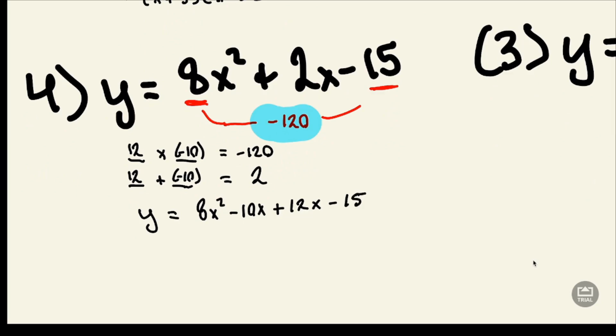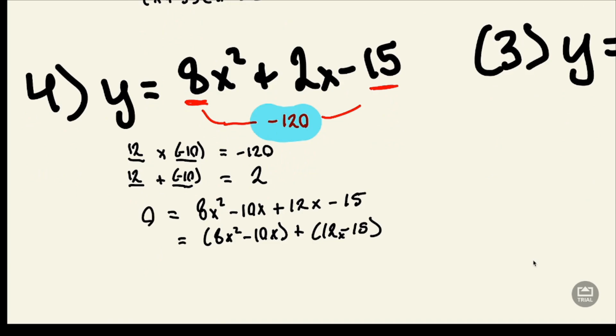So now, again, with decomposition, we group the first two terms, and you don't have to show this step again. Then 12x minus 15. Again, bad habit, I forgot to equal it to 0.